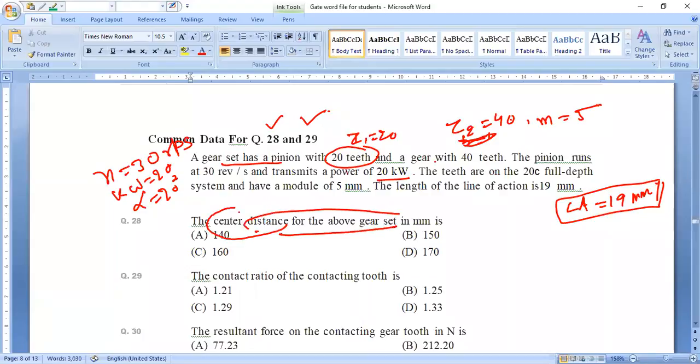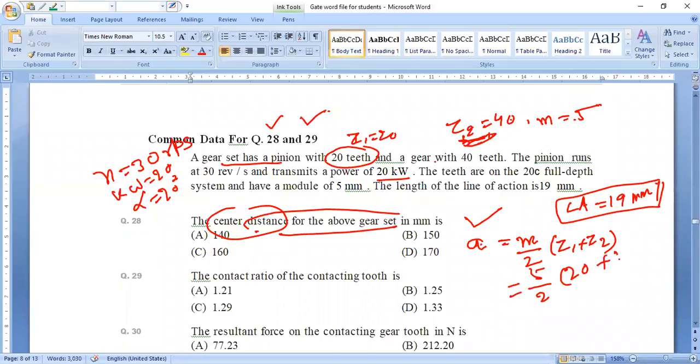The formula for center distance: small a is the center distance, given by module divided by 2 times (Z1 plus Z2). This is the formula for the center distance. So in this question, module is given 5 by 2, Z1 is 20, Z2 is 40.